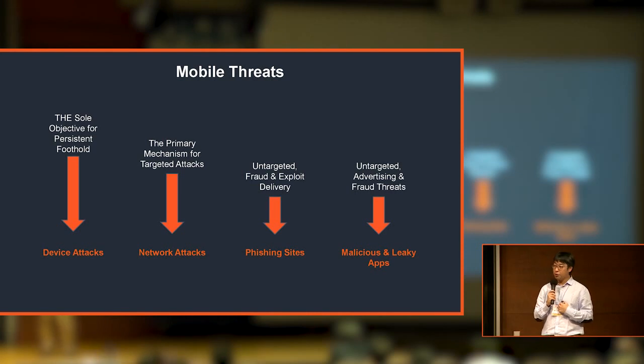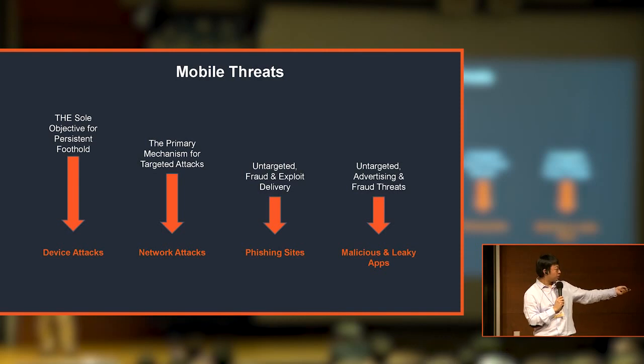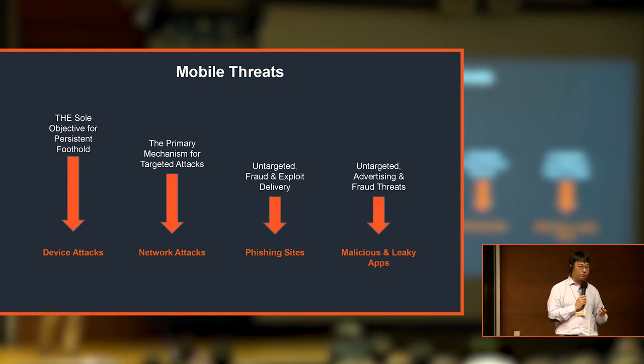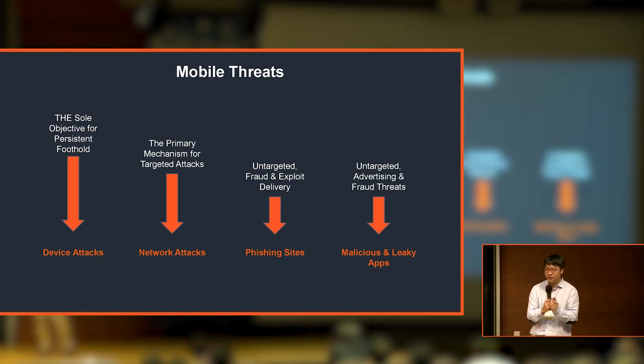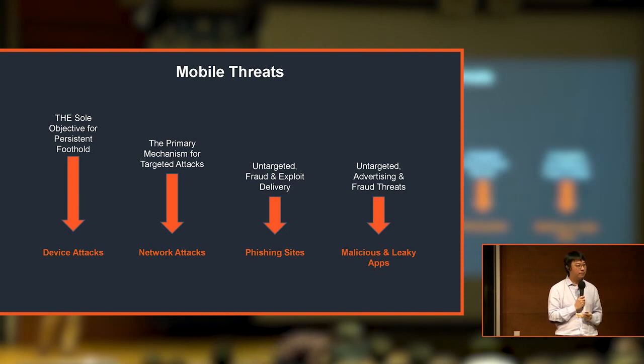And if I really want to attack a company, let's maybe pick a very famous company here. I shouldn't pick any company, actually. I'll just pick a very famous company. If I want to attack the company, which method would I use? I will not create a malware, put it on the App Store and Play Store, and hope that you will go and download it so I can attack you.